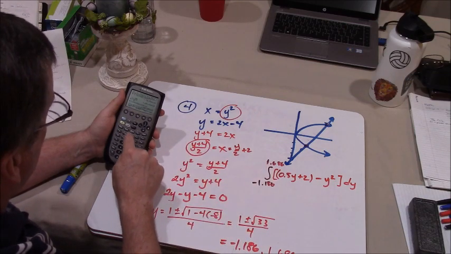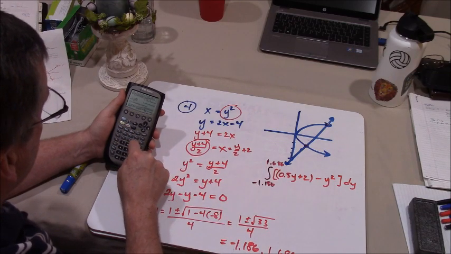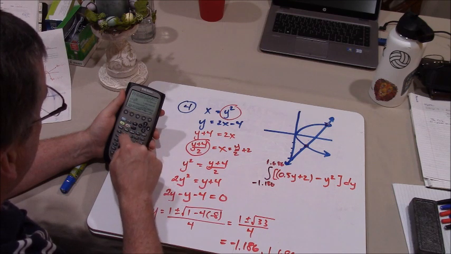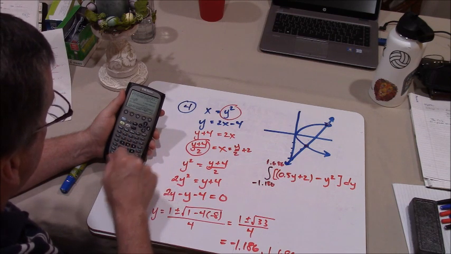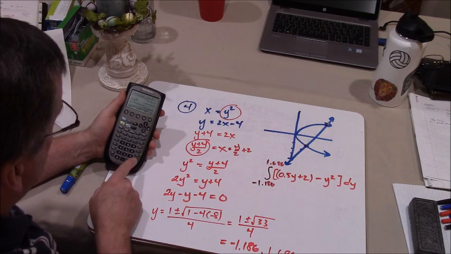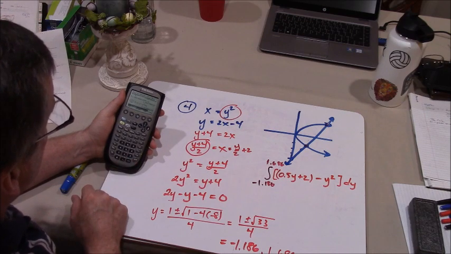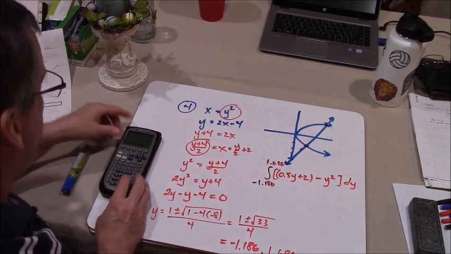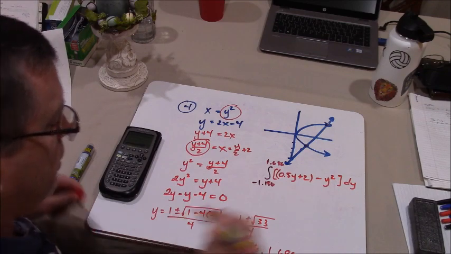So, comma, alpha a, comma, alpha b. And the answer I got was 3.949 square units.